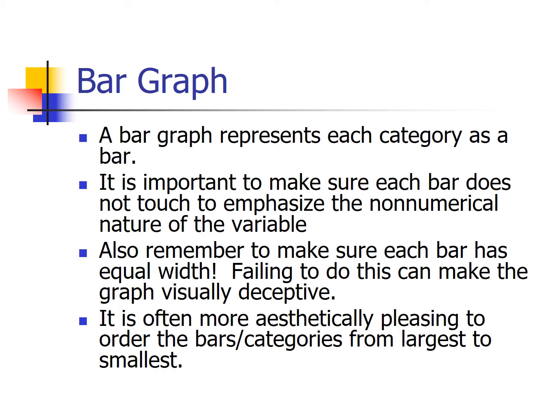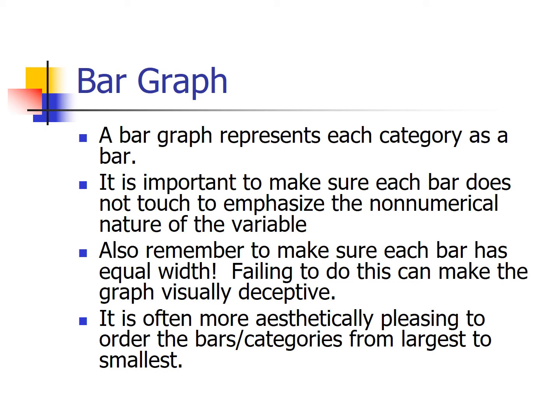Now, the second way of summarizing information is something called a bar graph. A bar graph represents each category not as a pie, that's what we just learned how to do, but instead as a bar. It's important to make sure that each bar does not touch. We do this to emphasize the non-numerical, the discrete nature of the variables that we're looking at.